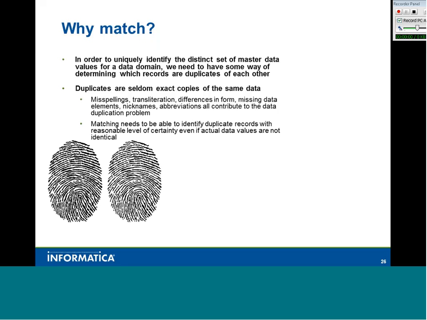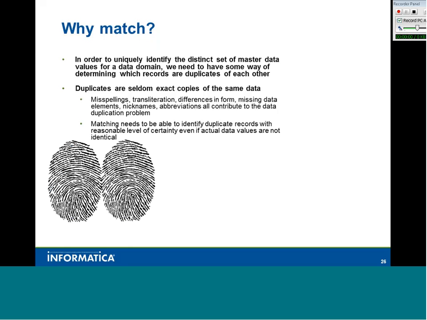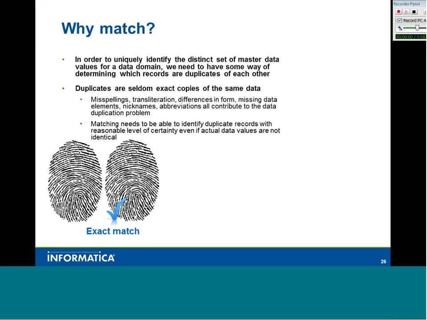So based on the population, there could be misspellings, there could be differences in the forms, or a name has been misplaced. For example, Michael is a perfect example where M-I-C-H-A-E-L is often replaced by M-I-C-H-E-A-L, so it gets easily distorted.